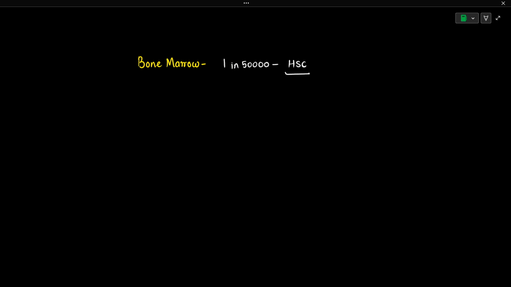Hematopoietic stem cells differentiate into the myeloid progenitor and the common lymphoid progenitor, and those progenitor cells give rise to the precursor cells of the immune system, such as the granulocyte monocyte progenitor. It will also give rise to the eosinophil progenitor and the erythroid progenitor. All of those progenitor cells give rise to the immune cells or to the blood cells, such as RBCs and platelets.